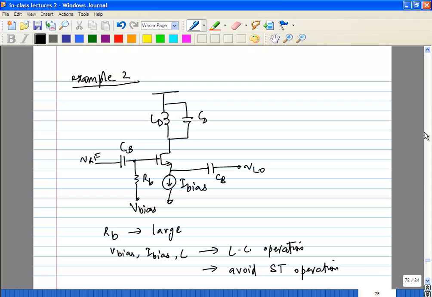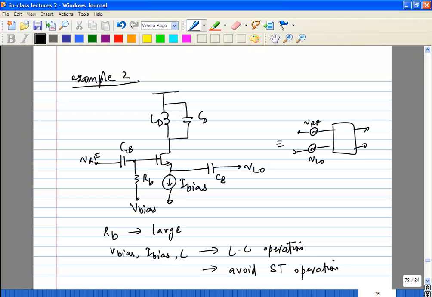The input-output relationship is with the gate-source, not with reference to ground.